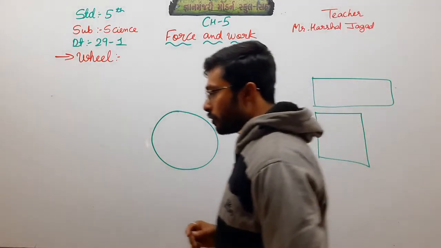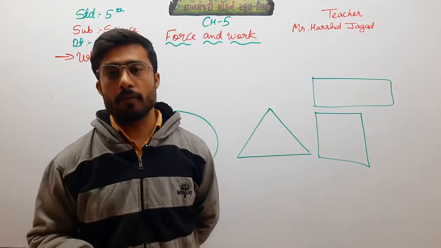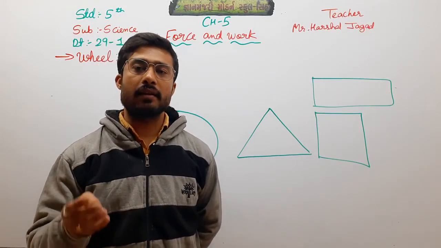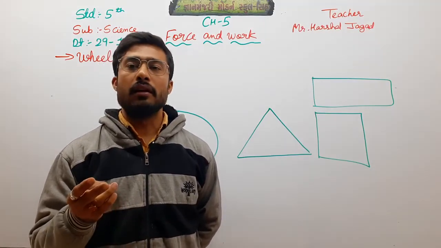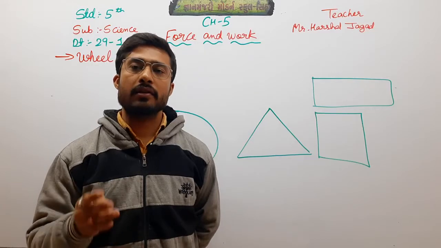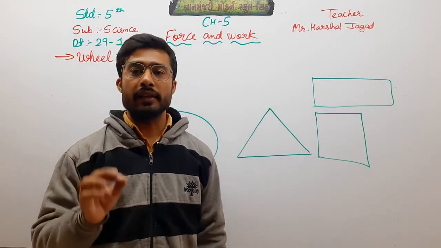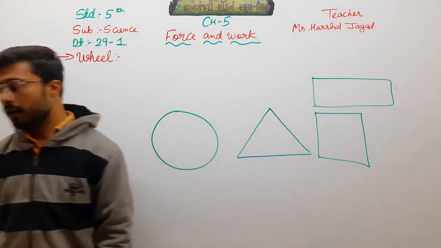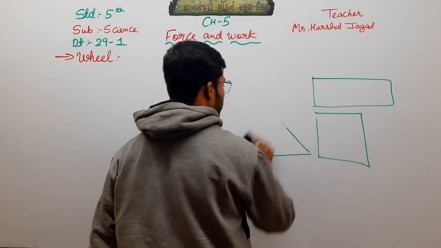We have seen all these transport modes, like the scooter, bicycle, bikes, cars, trucks, aeroplanes. All of these have wheels, and they are saying that the wheels which have teeth and interlock are known as gears.